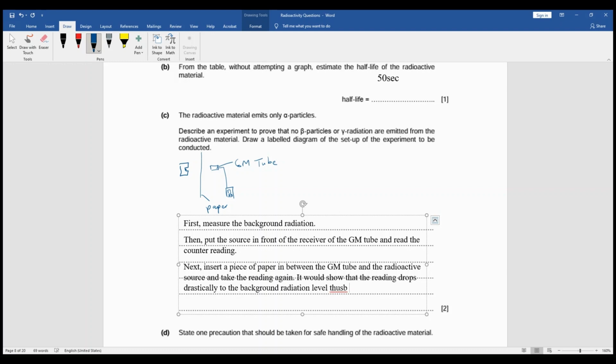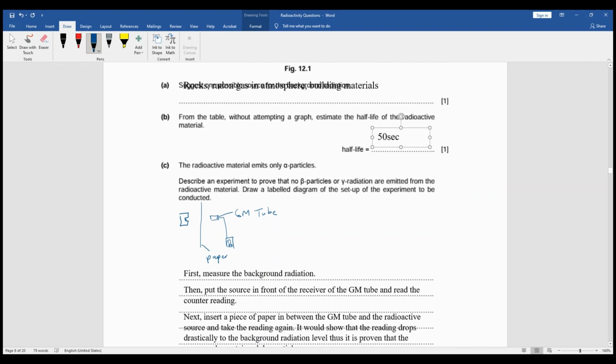Thus, it is proven that the source only contains alpha particles. Okay, and we have done our 2 marks.